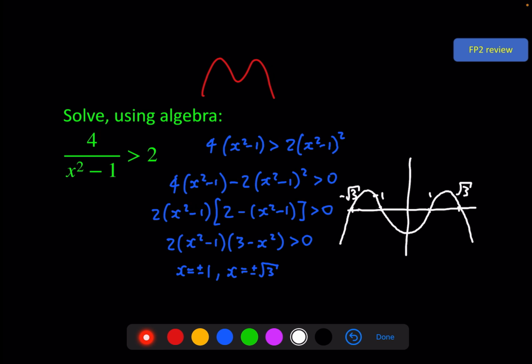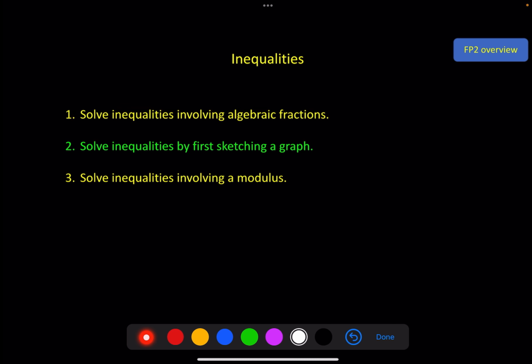For my solution intervals, I know now that where this thing is greater than 0 is in this interval, from minus root 3 to minus 1, and in this interval here, 1 to root 3. And these are the two solution intervals, and hopefully we will find the same solution intervals later in the video when we solve this using the method of sketching a graph.